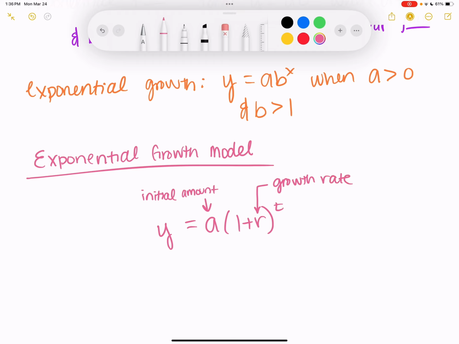This whole thing, this 1 plus r part, is the growth factor. And t is the time period that it happens over. And y is like the final amount that you're going to end up with.